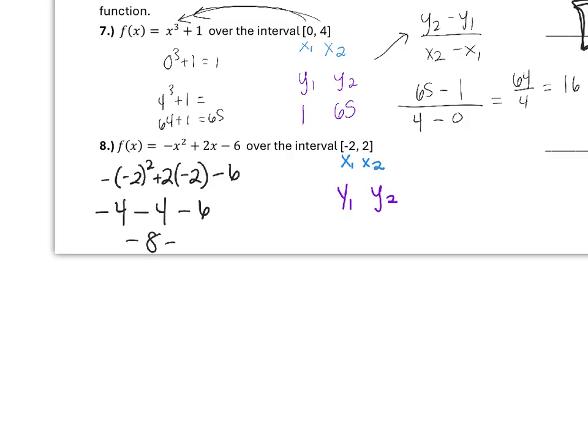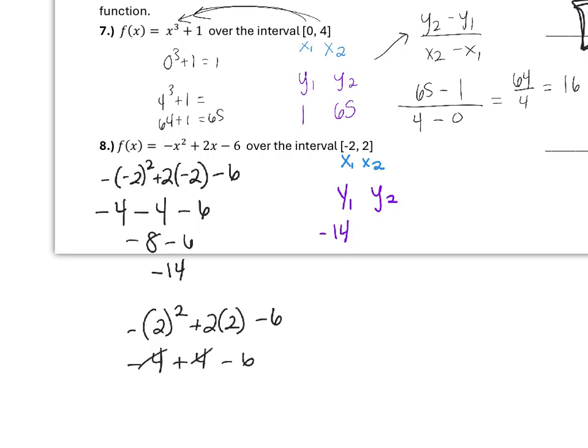Negative 8 minus 6, so negative 14. That is our y1. Okay, and then y2, when I plug in positive 2, I get negative 4 plus 4 minus 6. Those cancel, which just leaves me with negative 6.